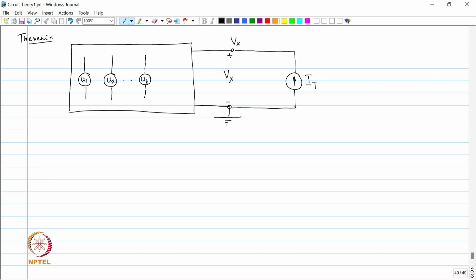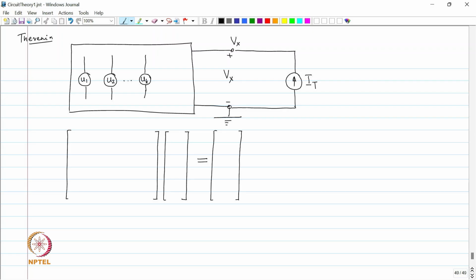How are you going to solve? You are going to write it up as some matrix times a list of voltages, and that is going to be equal to some stuff, correct.